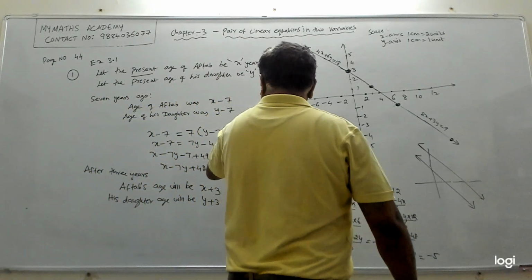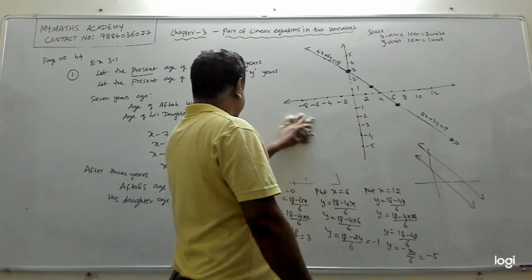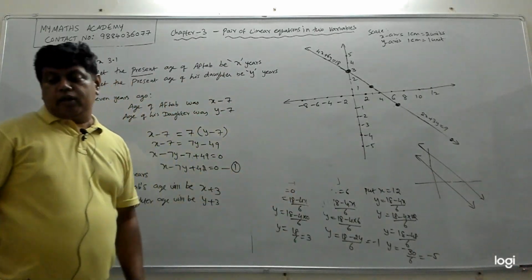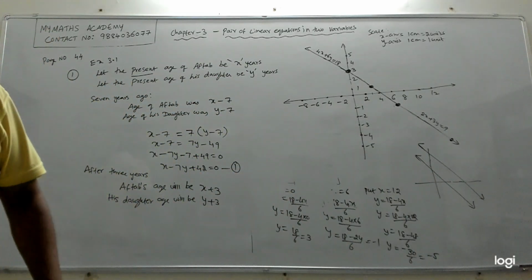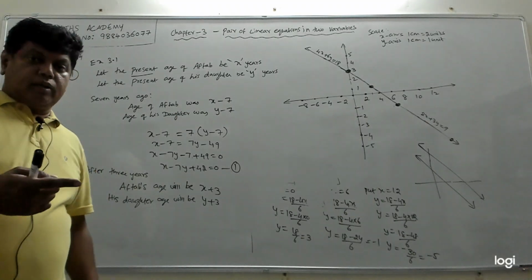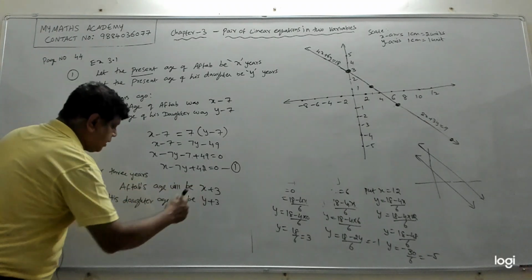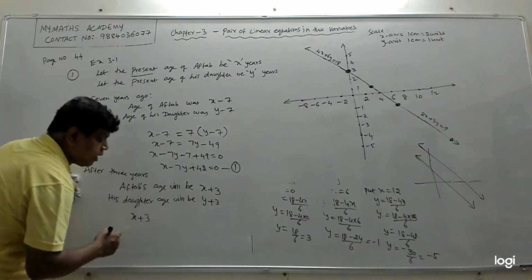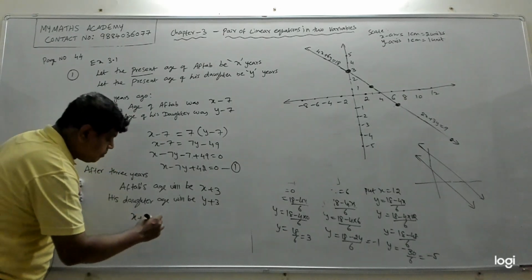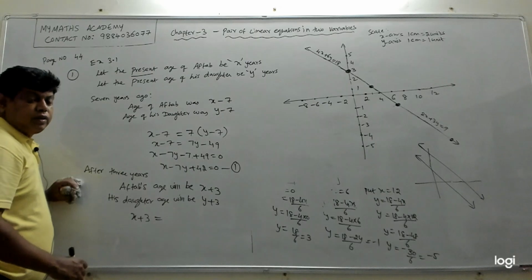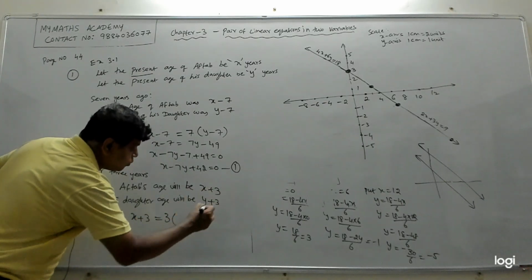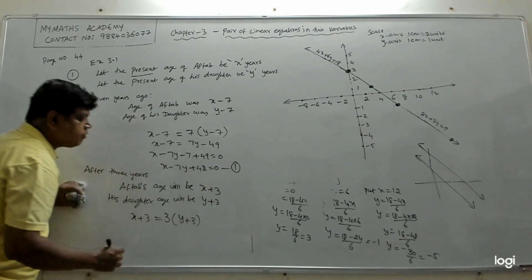Clear? So now what statement is he making? He is saying 3 years from now I shall be, which means Aftab will be X plus 3. After 3 years Aftab will be equal to 3 times as old as you will be, which means his daughter will be.